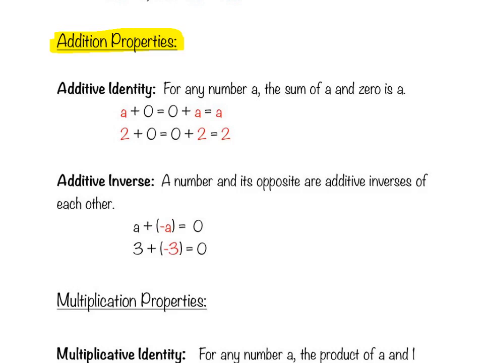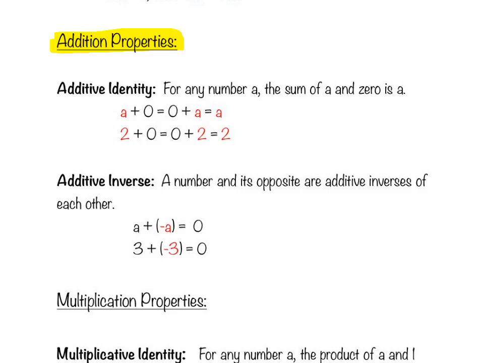Alright, so the next addition property is the additive inverse. Additive inverse. And here's what it says. A number and its opposite are additive inverses of each other. That means that their sum will be 0.